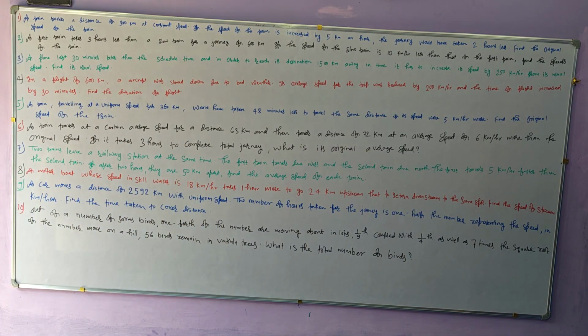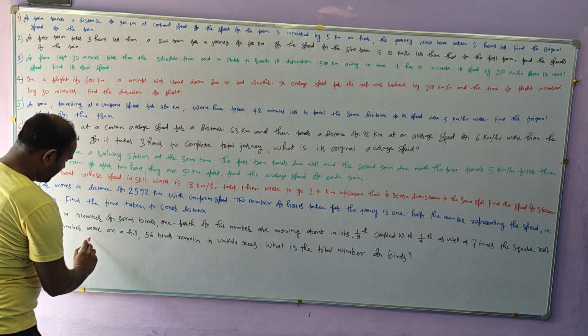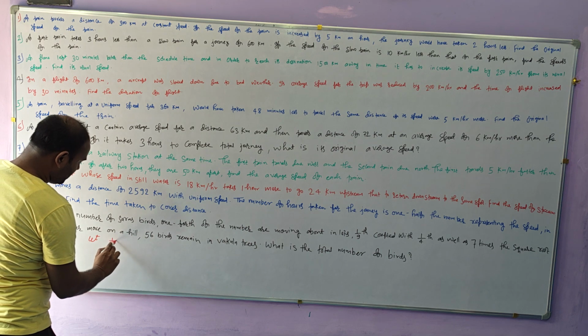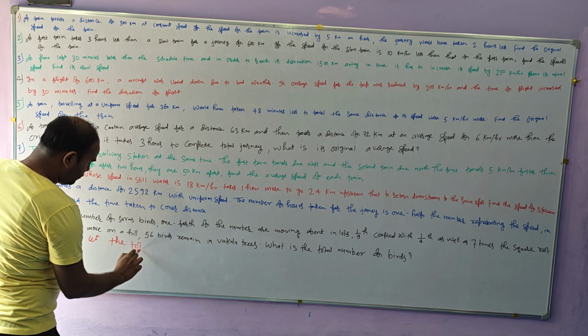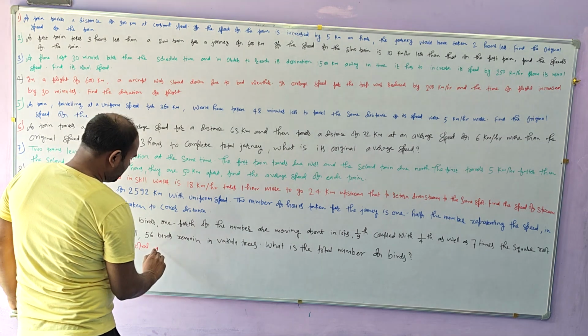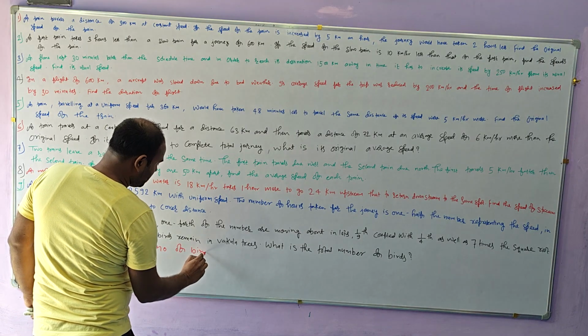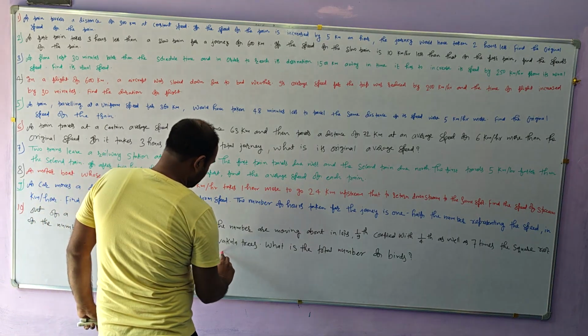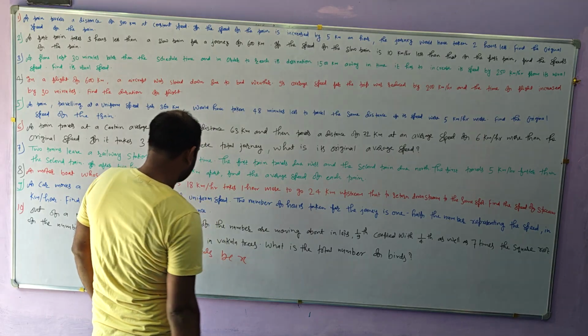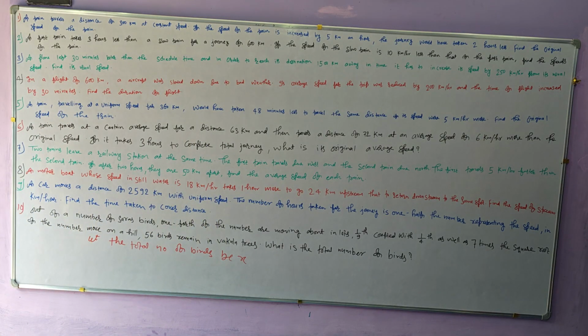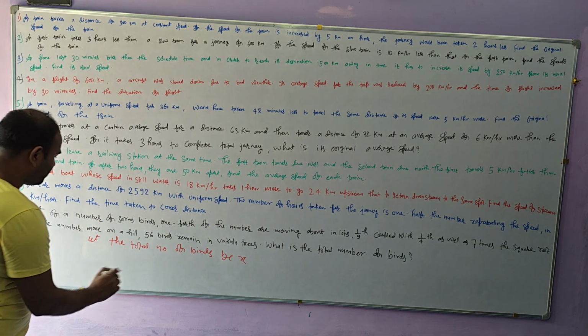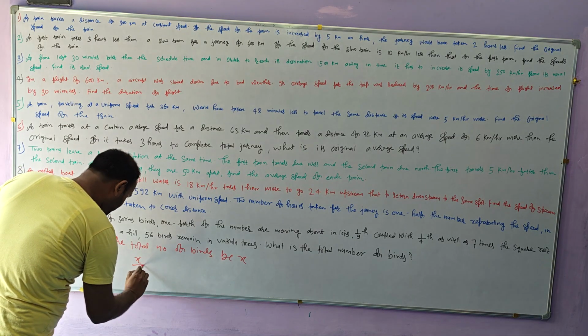Let the total number of birds be x. So, one fourth of the number means x upon 4.